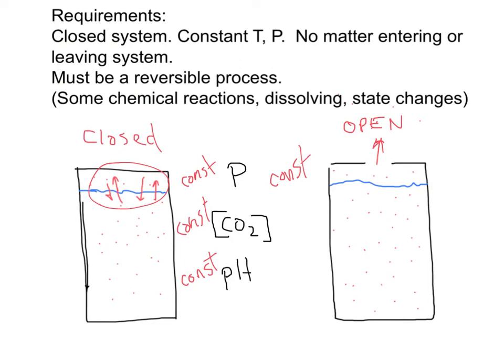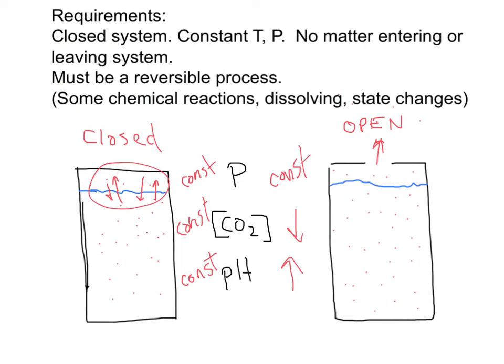And the carbon dioxide is going to end up decreasing in the solution, so we're going to end up with fewer and fewer carbon dioxide molecules in here over time. The soda goes flat. You've all experienced this. The pH is going to increase over time because less and less carbon dioxide is dissolved.